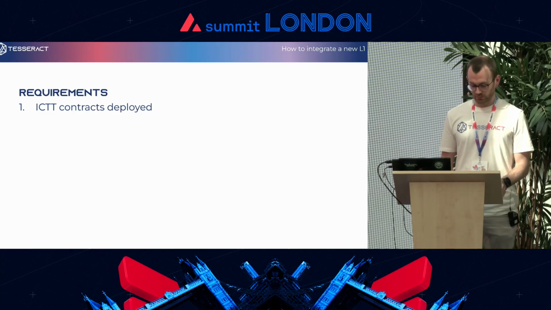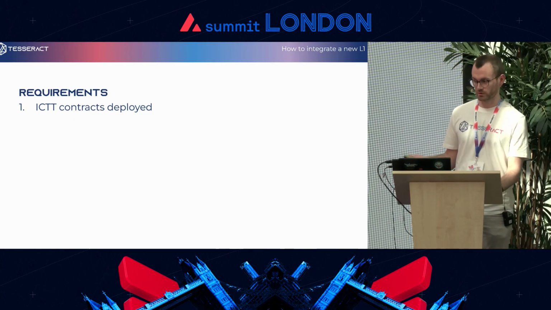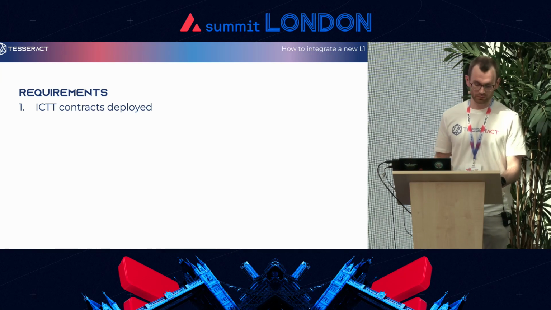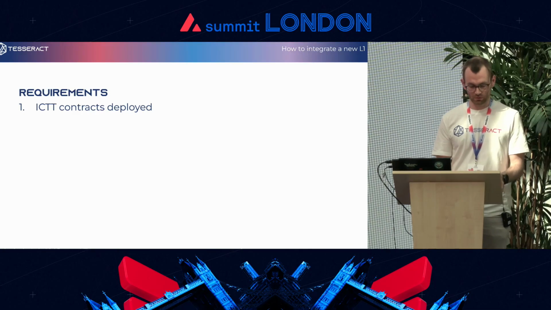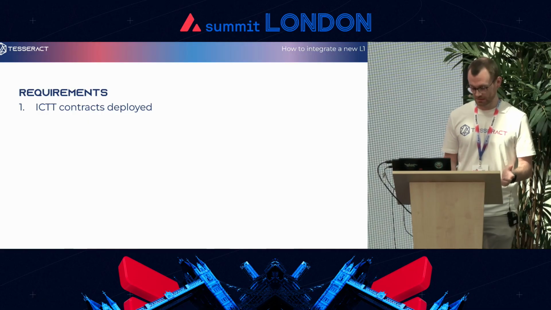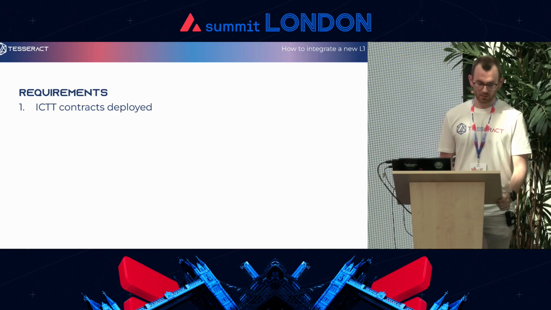Depending on your setup, you might need to deploy a token home contract on your own chain and token remotes on other chains, or you could potentially use an existing token home on the C chain and make a new remote on your own L1, if, for example, you wanted to be able to transfer AVAX to your L1. And these kinds of decisions and thought processes are definitely things we can help with, so I'd recommend reaching out to the team as quickly as possible.